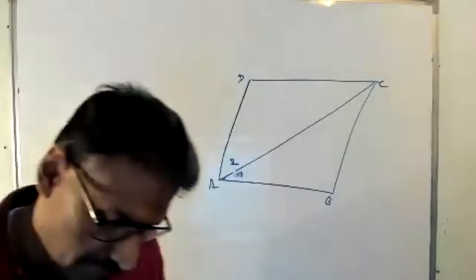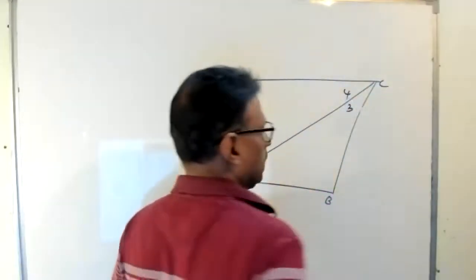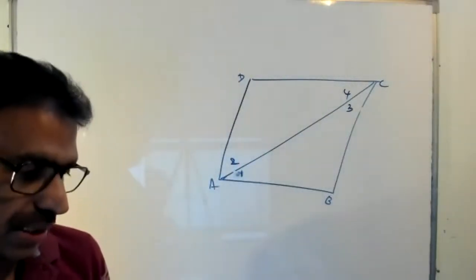What you are to show is that it bisects angle C also, that is, angle 3 equal to angle 4, and ABCD is a rhombus.